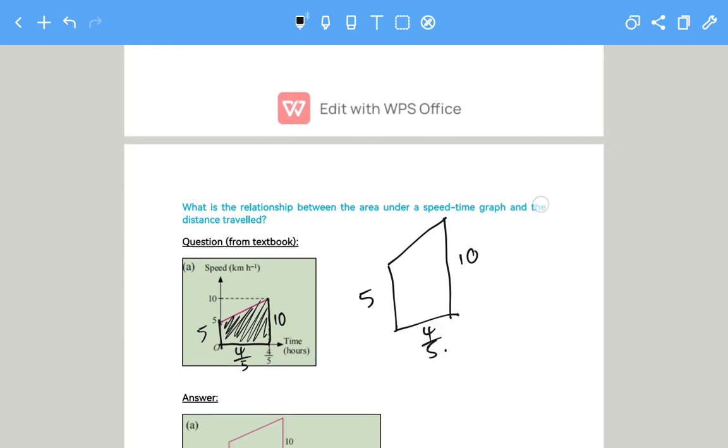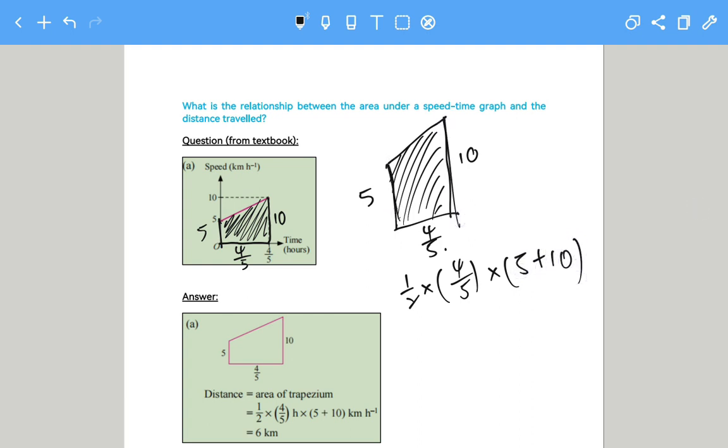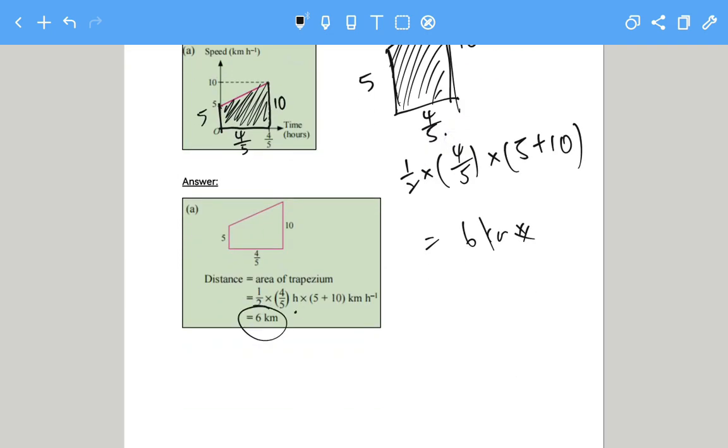How do we find this? This is the trapezium graph, right? So we just use the trapezium formula: 1 over 2 times 4 over 5 times (5 plus 10) is equal to 6. So 6 is km. It's just the same.